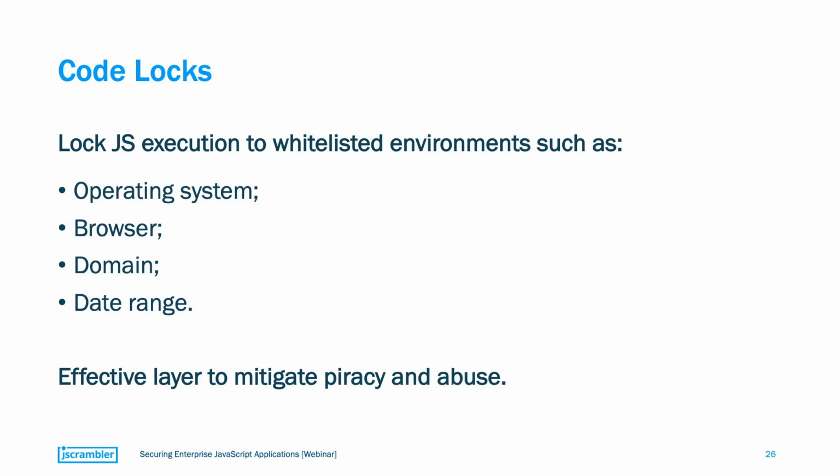These unlock new possibilities, namely to enforce licensing agreements. You can, for example, deliver a product demo to a client and have that code automatically expire after a set date. With code locks on top of JavaScript obfuscation, we're one step closer to effectively mitigating these serious threats of piracy and abuse.